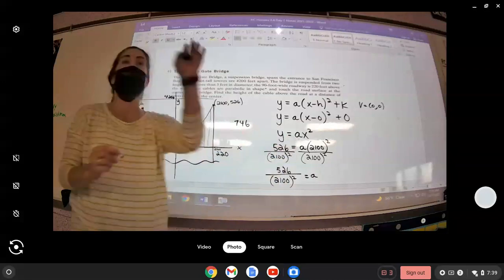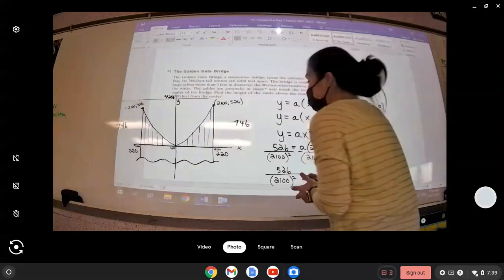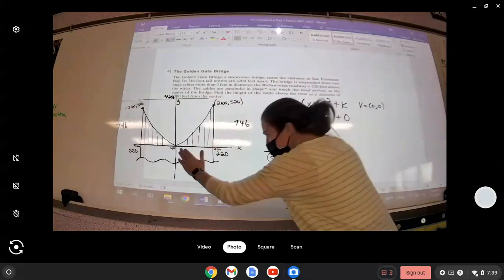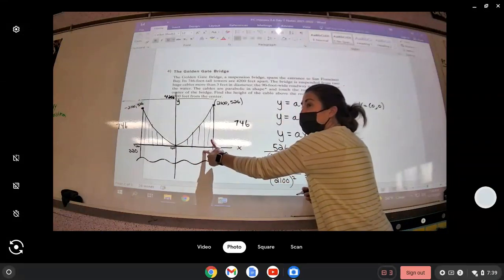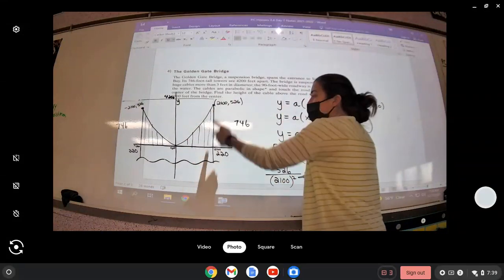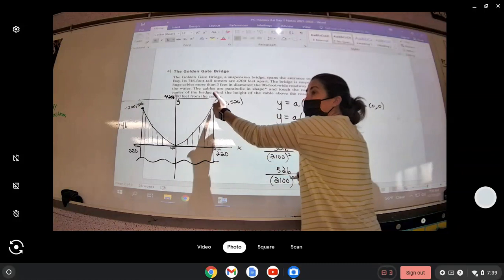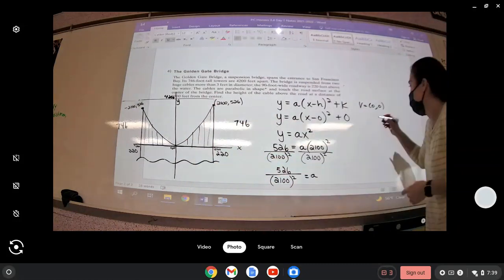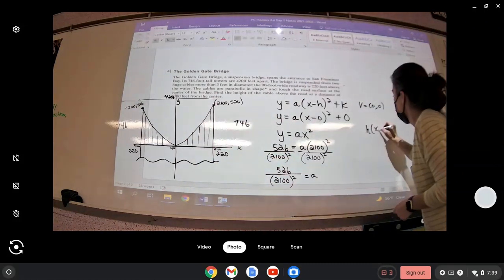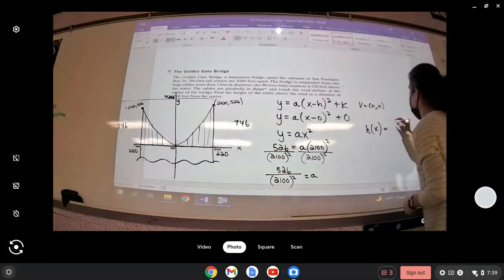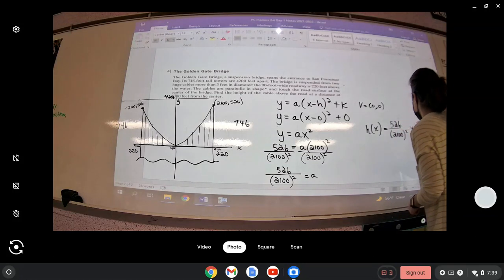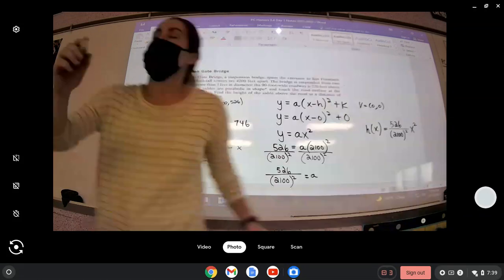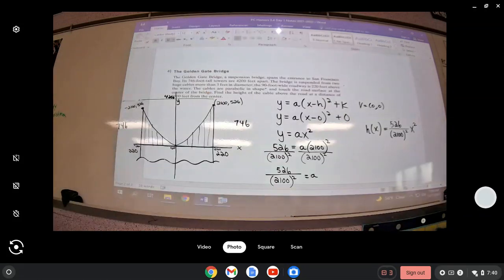So plug that right in and you've written a quadratic function. Except, let's do this. x is going to be what? The distance it is from the center of the bridge. And then y is going to be the height of that cable. So let's call it h of x. And there is our quadratic equation.